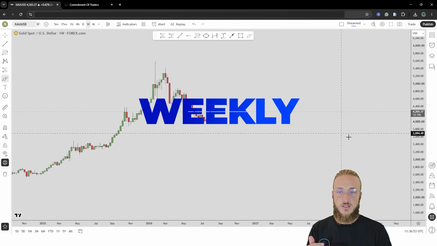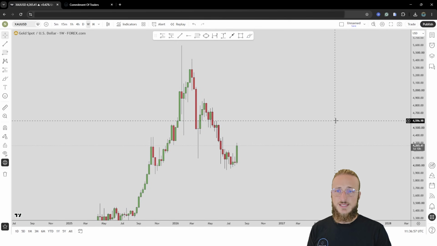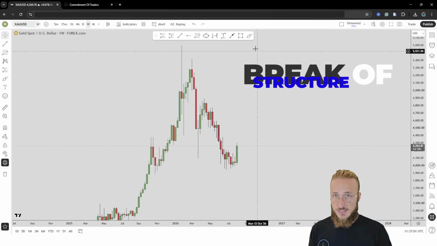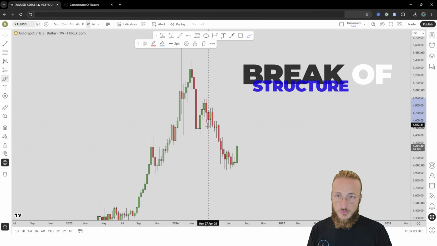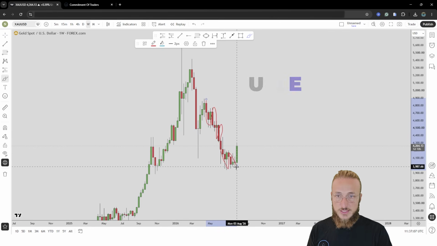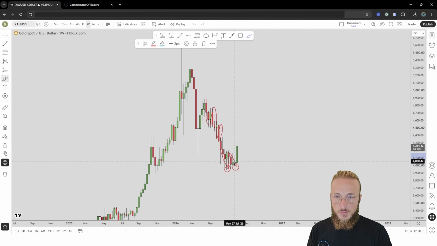Let's drop down on the weekly time frame and see what we have. Now, from a weekly standpoint, we can see a perfect inversion of trend and break of structure, basically. In fact, we went from the creation of all these weekly lower lows and lower highs. We then had this double bottom kind of created at this zone. The market failed in going below this area, and now it is rejecting to the upside.